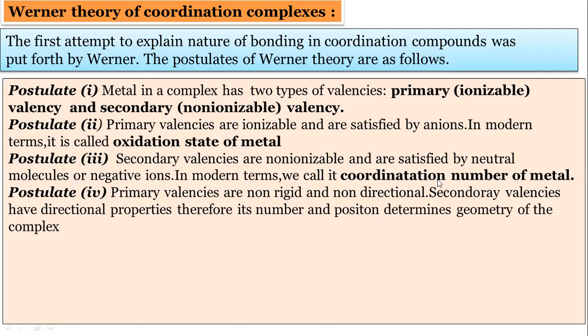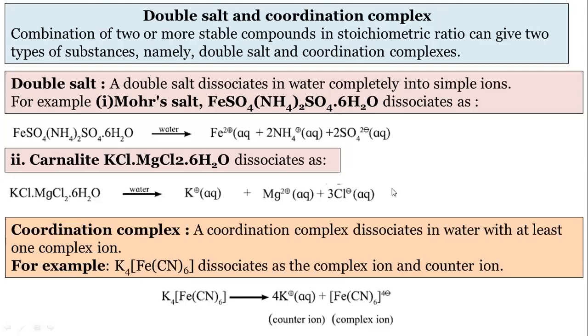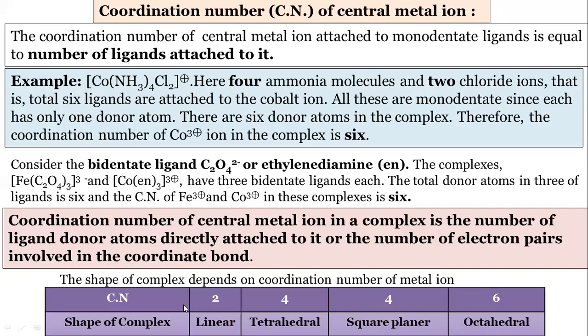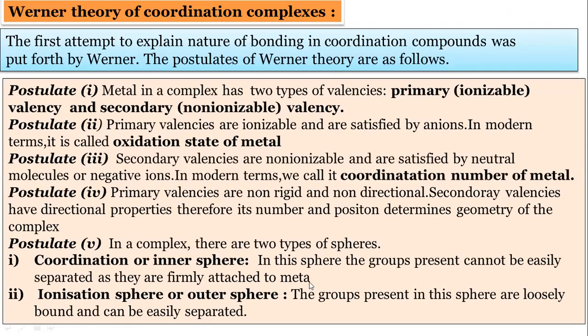If the coordination number is 2, we already learned this table. This table indicates the secondary valencies. Nowadays, these secondary valencies are also called coordination number. So the shape of the molecule depends upon the secondary valencies.